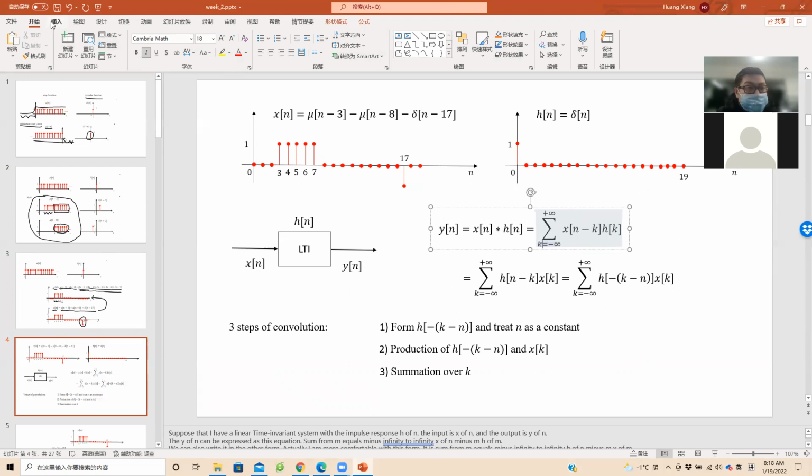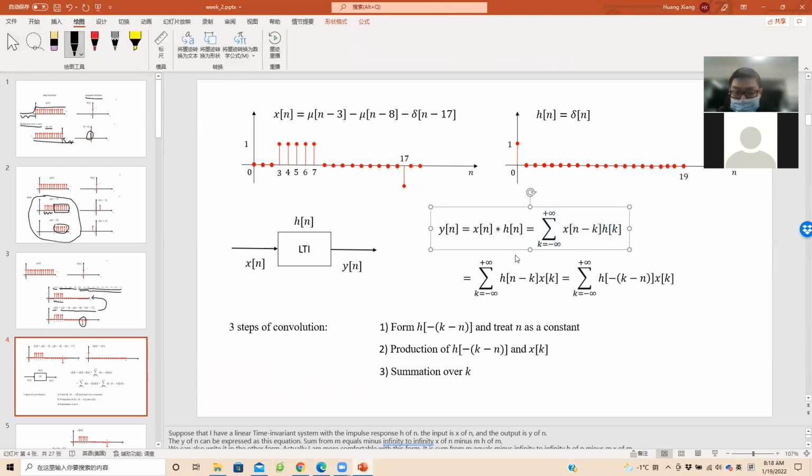This equation is the sum from k equals minus infinity to infinity, x of n minus k, h of k, and actually, we can write it in the other form, like this.